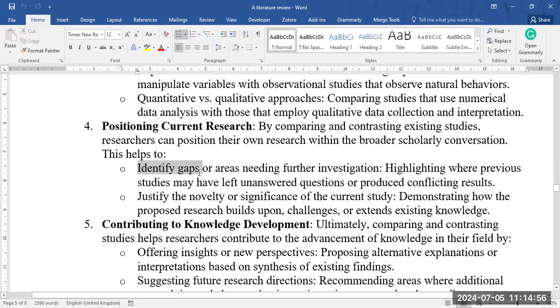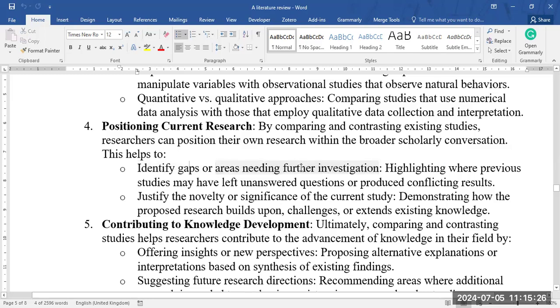Gaps means that even though there are a lot of studies available in a particular research context, some points, some information, some knowledge is missing. So they can understand that even though there is a lot of research available, particular knowledge is missing from these studies. Only by comparing and contrasting the existing studies can they identify some research gaps.